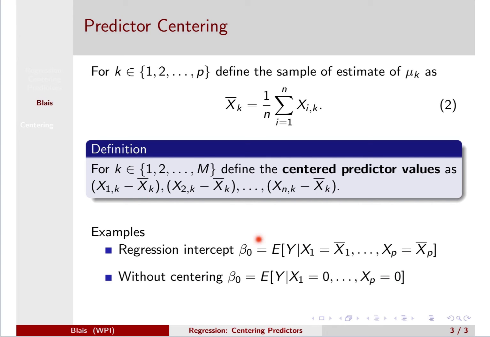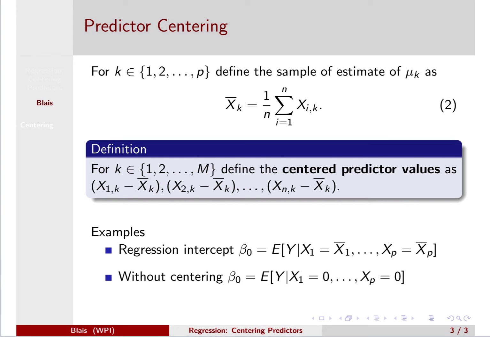And the idea here is that the regression intercept, when the predictors are centered in this way, beta naught, can be interpreted as the conditional expectation of y, where each of the predictors is equal to the estimate of their mean from the sample. Without centering, that regression intercept beta naught is the conditional expectation of y, given that each of those predictors is equal to 0.